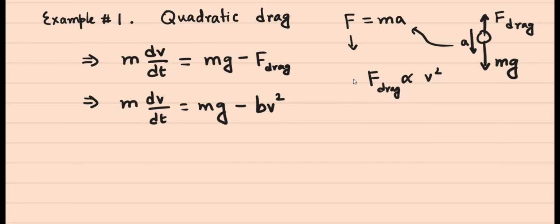As is evident from this equation, v is the only dependent variable and t is the only independent variable. So this is an equation of first order, and notice that this equation is not linear, but it is separable. How is it separable?